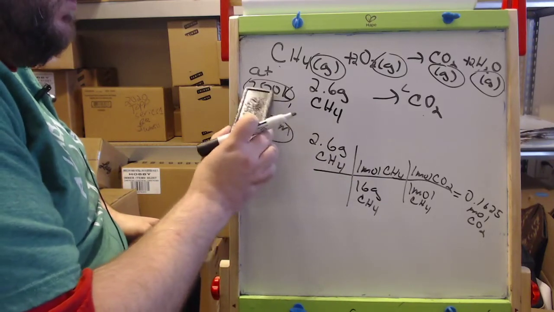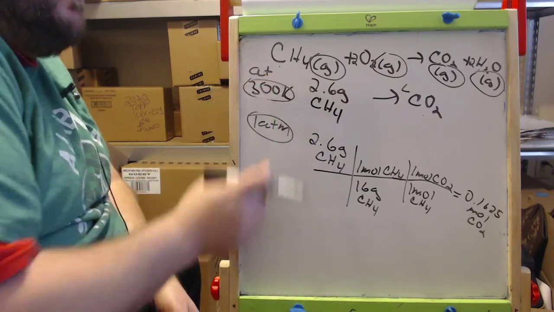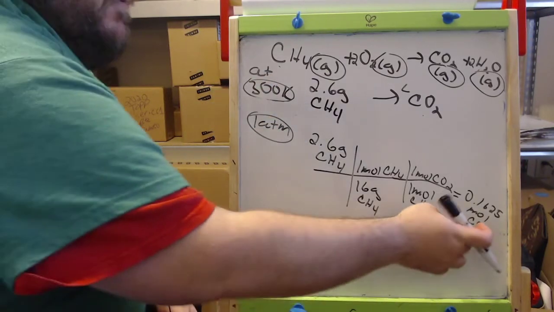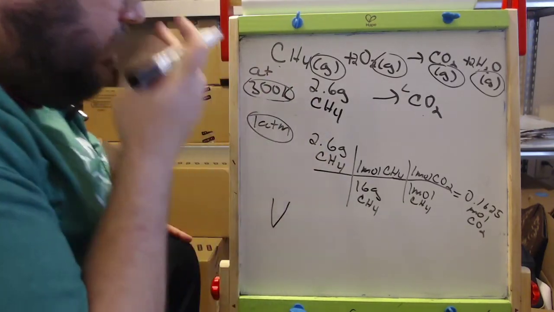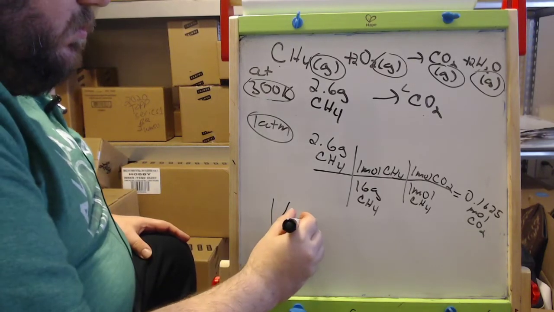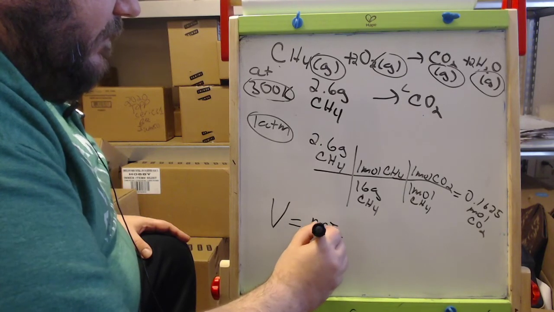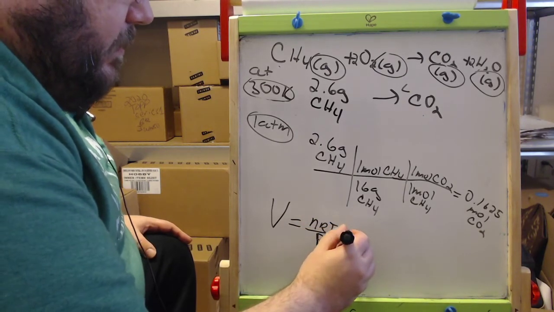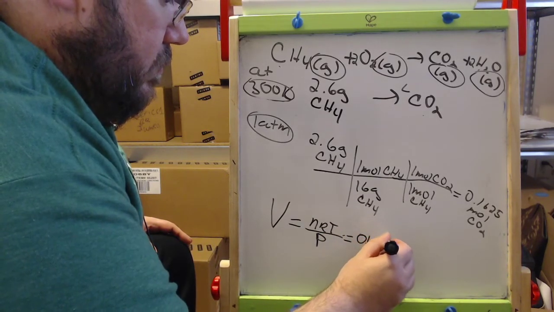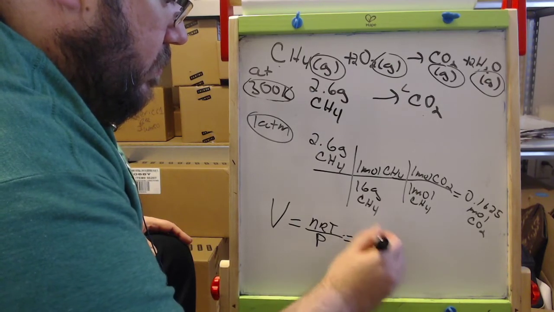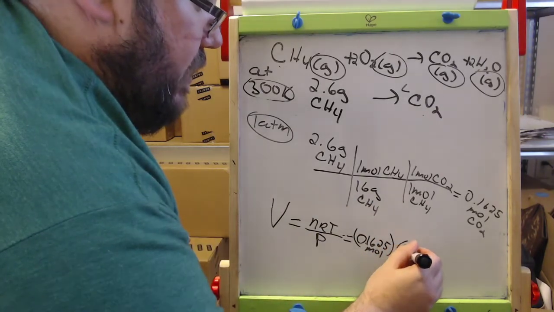Let's say they didn't tell us the volume, because, again, we're going to find the volume. What if they gave us the temperature and the pressure? We have the number of moles now, and I want to know the volume. Well, my volume would equal nRT over P. I know what n is because I calculated it. I know what R is because that never changes.